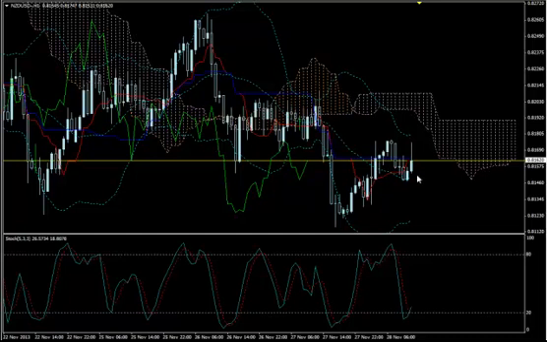But you must be 100% sure that the correction is over. Now you place your stop loss 150 pips above your short entry.